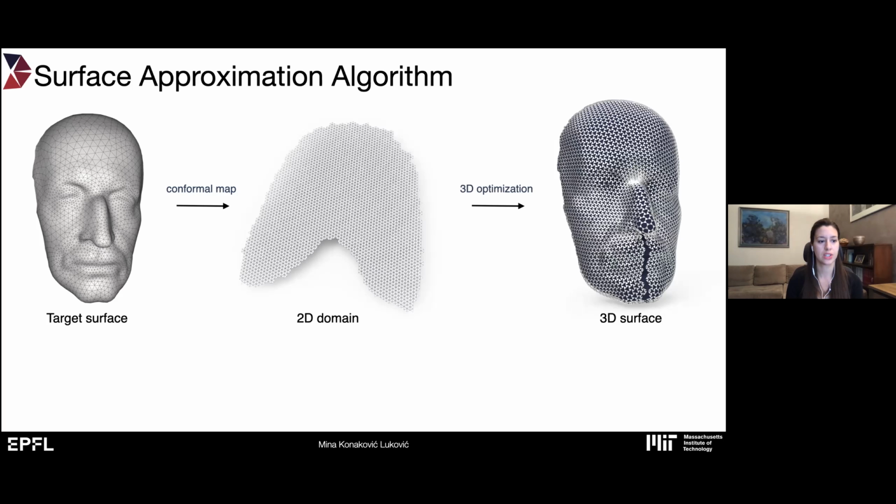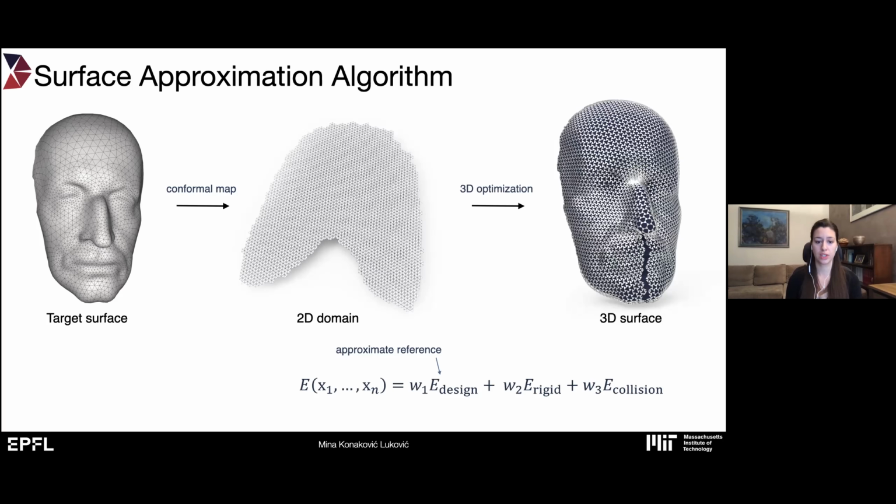The additional optimization is needed because we just changed the topology of our regular grid so that it has the connectivity of auxetic materials. And we want to make sure that these triangles fit the reference surface, so they are mapped as close as possible to the reference surface.